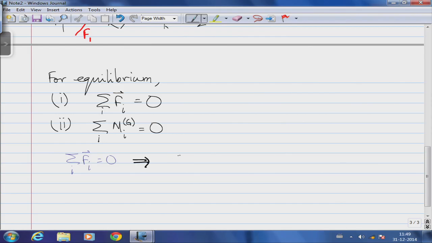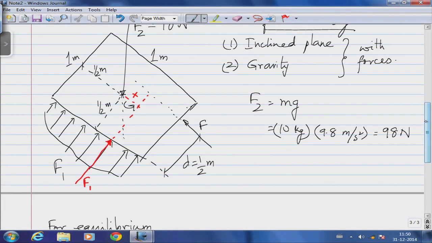I can split this into two components: the vector sum of all the x components of the forces is 0, and the summation of all the y components of the forces is 0. So, for the sake of convenience, I am going to define x as being along the inclined plane and y as being perpendicular to the inclined plane.